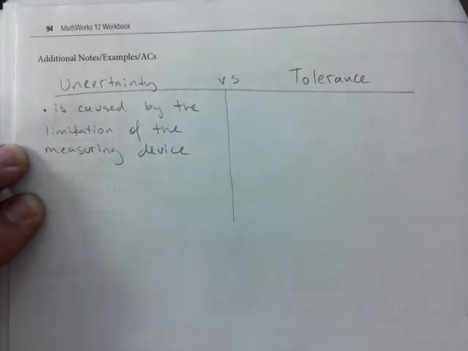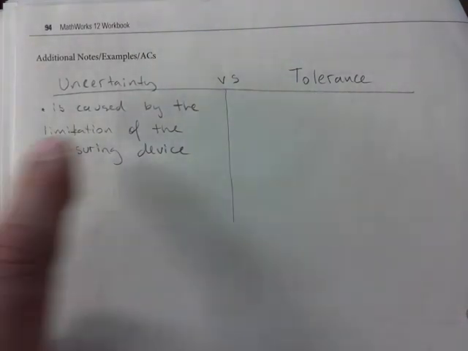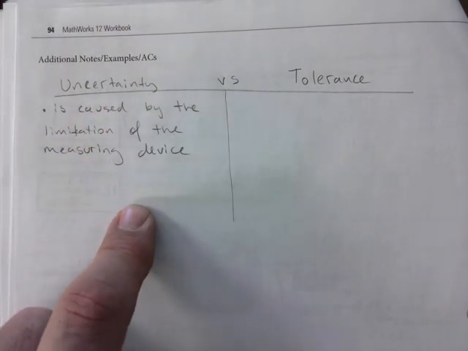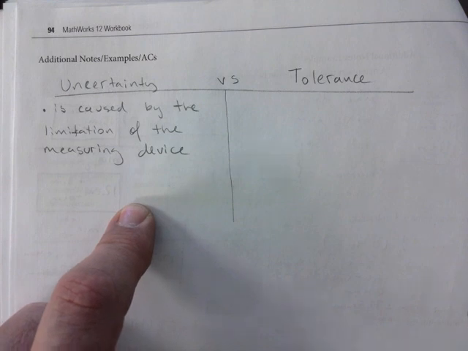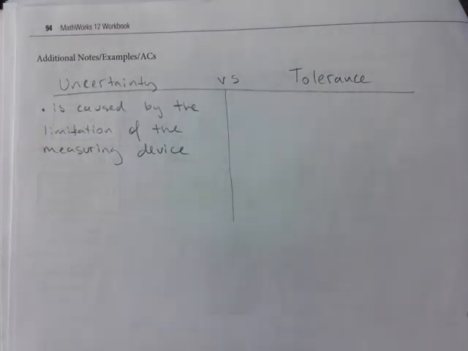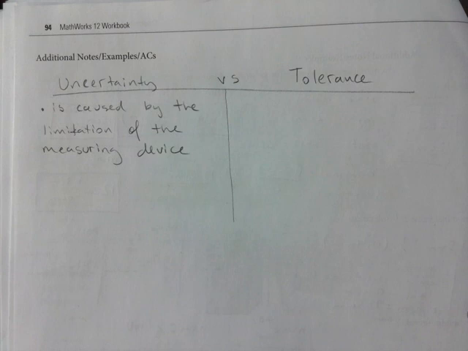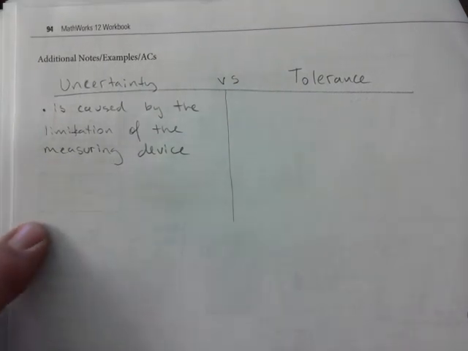Instrument, device, yes. So the uncertainty, remember we get our uncertainty from the precision, right? So precision and uncertainty are very closely related. The uncertainty is half of the precision. So that is what it's called.